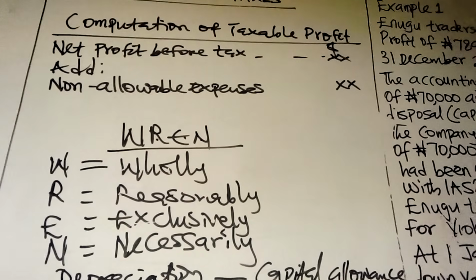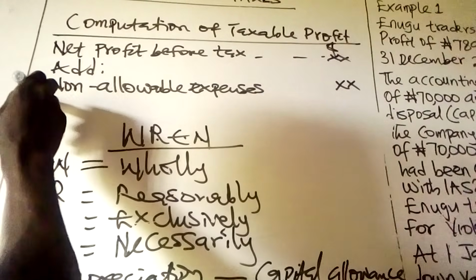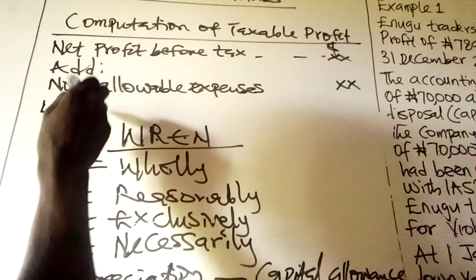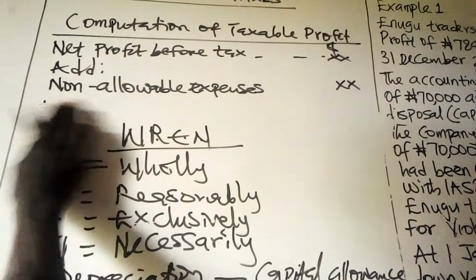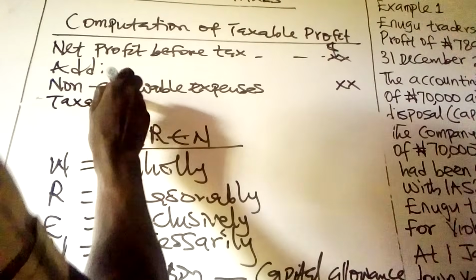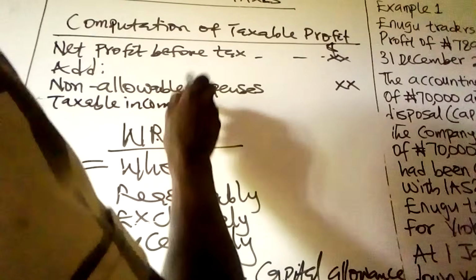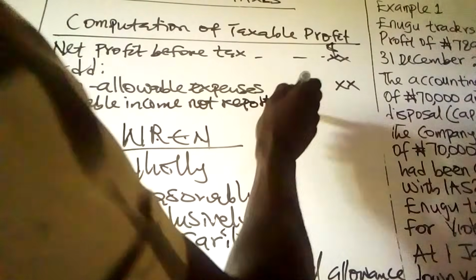So I said you add non-allowable expenses. Then we now deduct. And you may also add taxable income not reported in the financial statement.